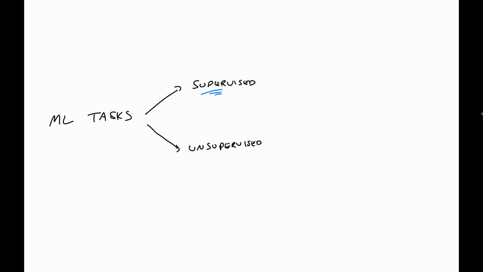Right. Before we even define what these two things are, within each of these large tasks, there are subtasks that we're going to focus on. So within supervised, we're going to look at what we call the regression task and also the classification task.